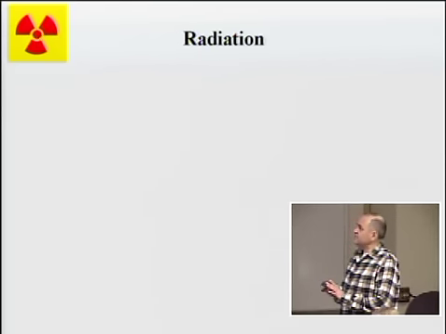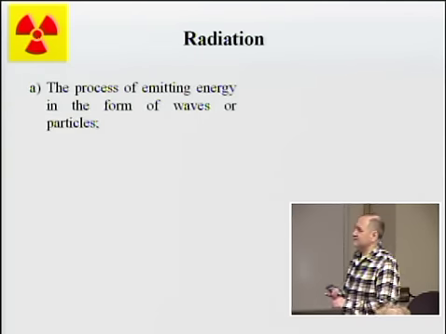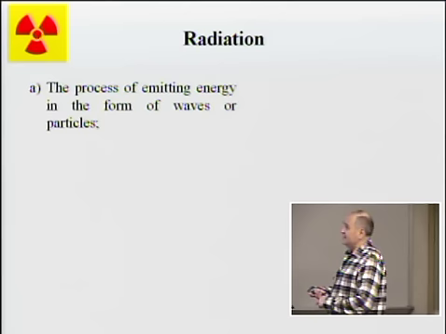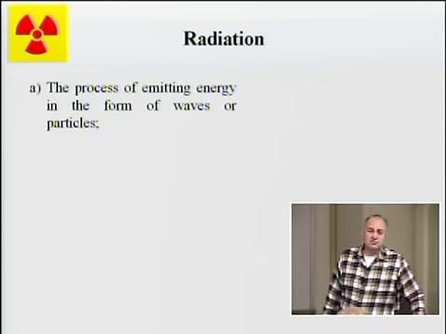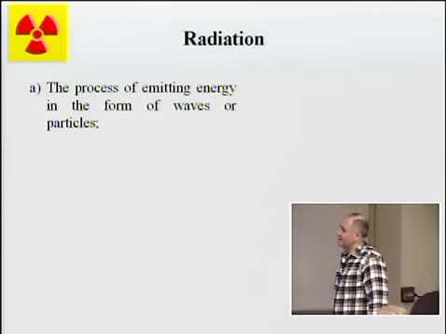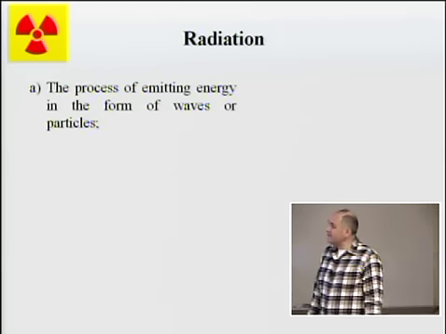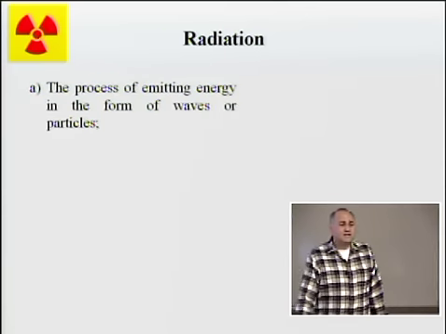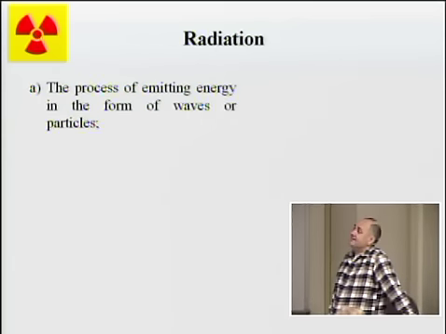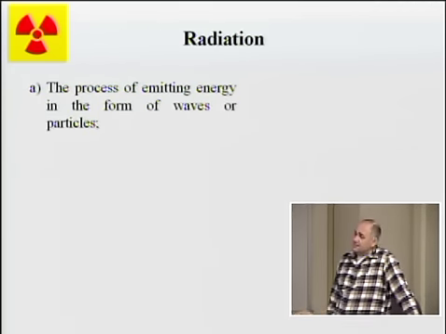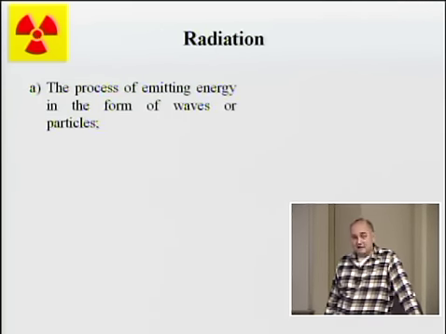All right, the word radiation actually has a double meaning. One is that it is the process in which energy is emitted in the form of waves or particles. Radiation has a property of duality.